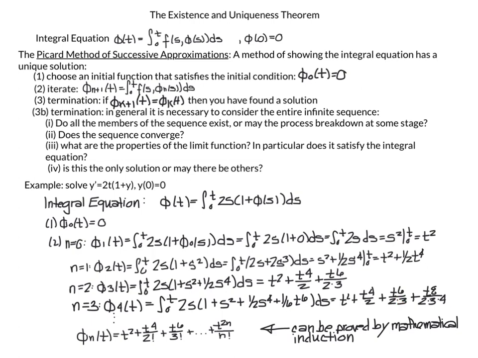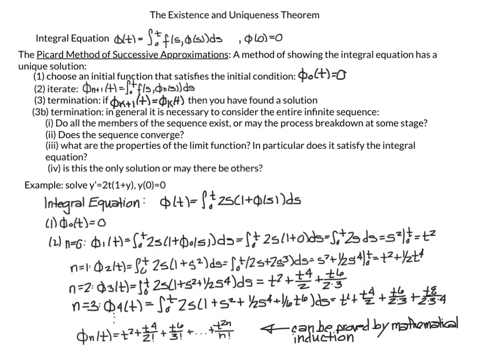So eventually we get t to the 2n over n factorial. And this formula can be proved by mathematical induction, but we're not going to do this in this class. We are just going to hand wave around and say we recognize the pattern that's going on.